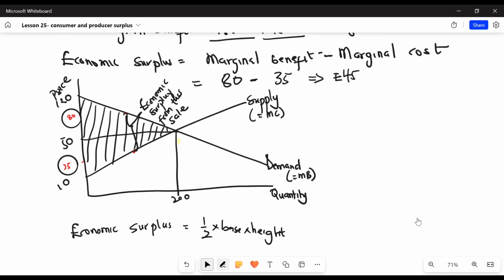So from our previous work, you can see that this area is consumer surplus and this area is producer surplus. So add the two, then you have your economic surplus.